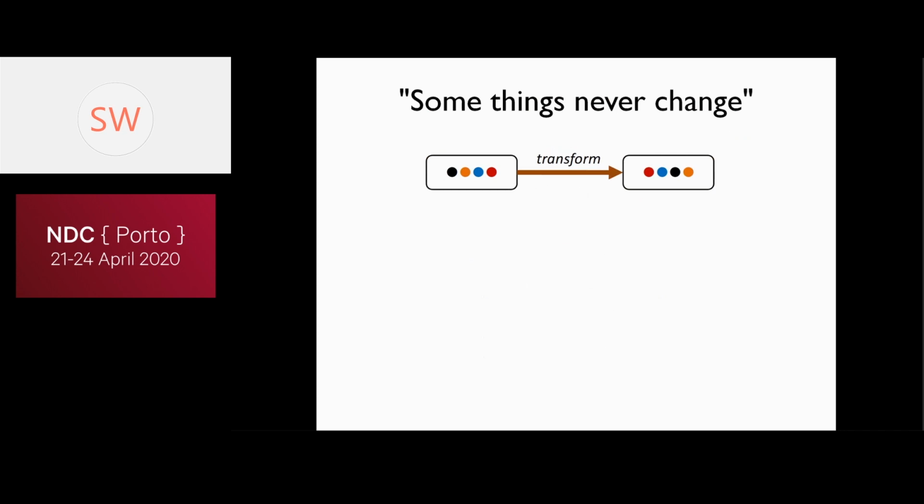So here's a really helpful property for this kind of thing, which is when you transform something, something about it is still the same. For example, the size of a collection. If you sort a collection, the size is the same. If you map over a collection, the size is the same. If you reverse a collection, the size is the same. The contents of a collection don't change when you sort it.